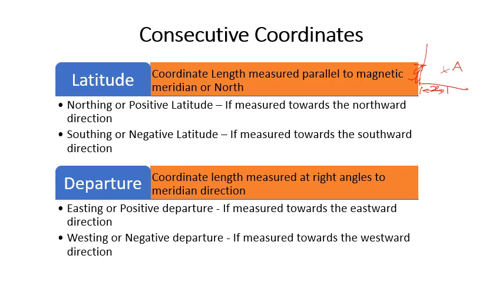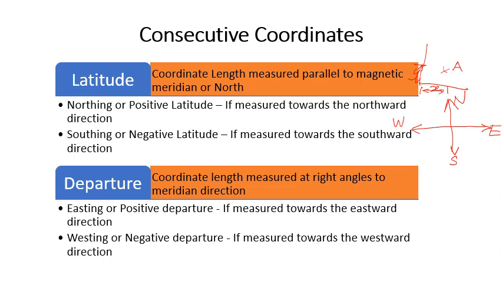We say that a freely suspended magnet will orient itself in the north-south direction. So in surveying, this is the north direction, this will be the east, this will be south, and this is the west direction.